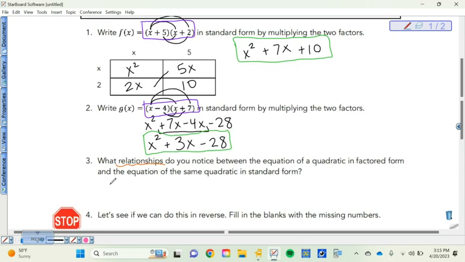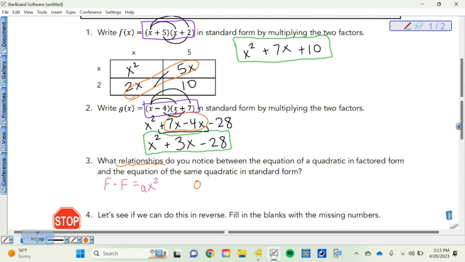So we've got our first times first gives us this x squared, right? Sometimes there'll be a number out in front, so we'll call it ax squared. And then we have our outers and our inners added together, like these, or like these.